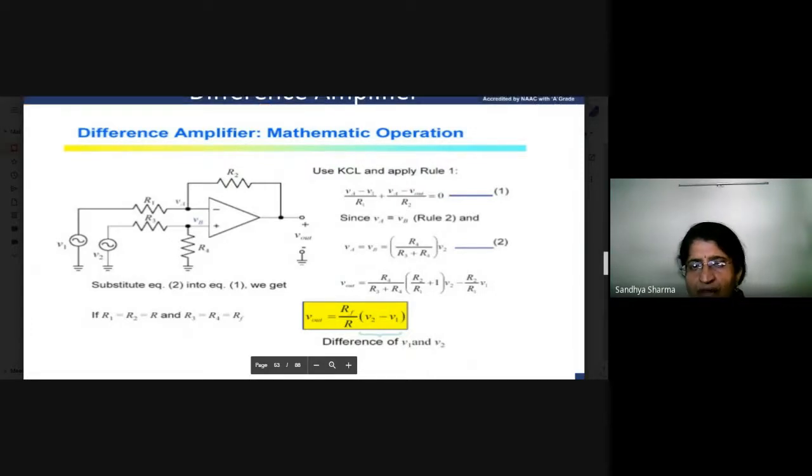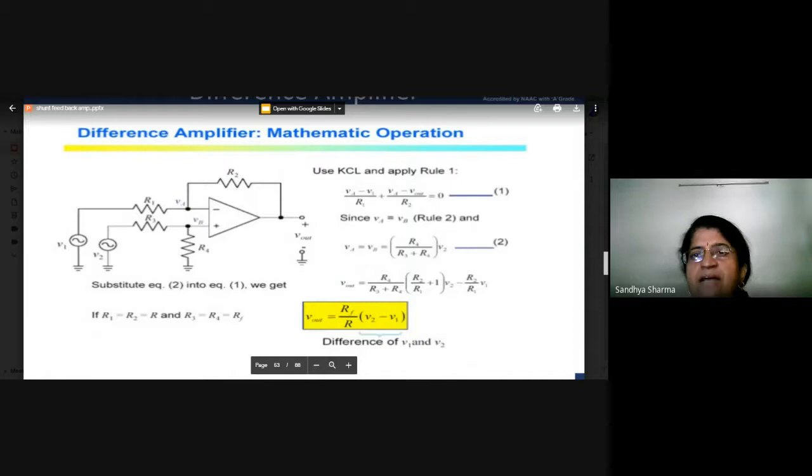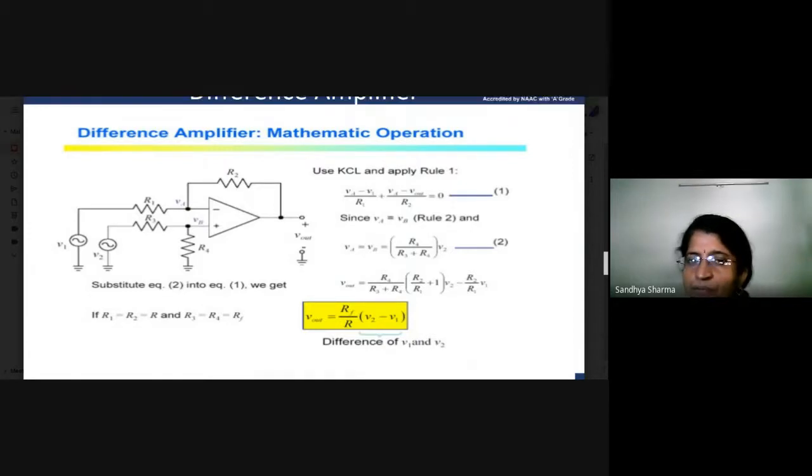So now, to conclude, you have to maintain some symmetrical conditions. Suppose this is V1 and this is V2. Here you have to apply KCL. What is KCL? KCL is Kirchhoff's current law, meaning incoming current is equal to outgoing current.